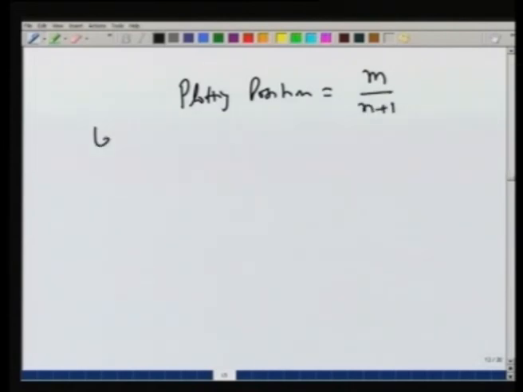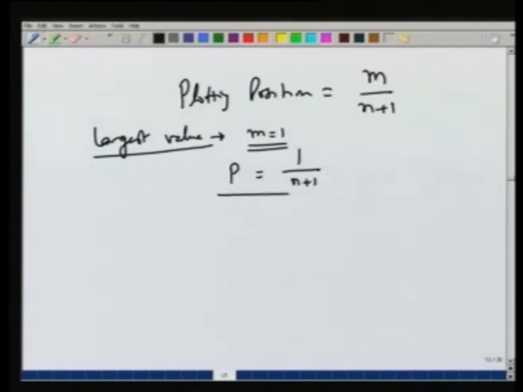As we have seen, the largest value has a plotting position of 1 over n plus 1, so the probability that this value will be exceeded would be very small, or the return period, which is 1 over probability, would be given by n plus 1.